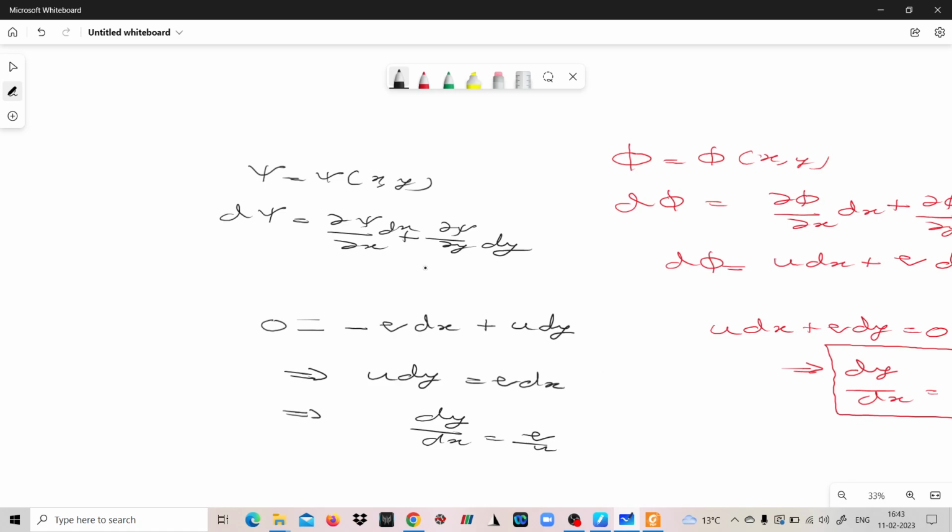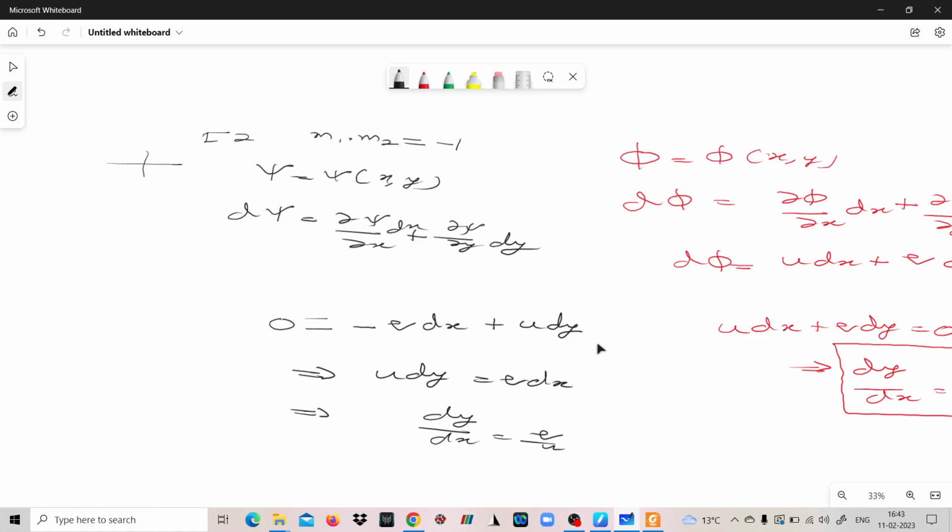Now from geometry we know that if two lines, line 1 and line 2, are perpendicular to each other, then the product of their slopes, that is, if m1 is the slope of line 1 and m2 is the slope of line 2, is equal to minus 1.